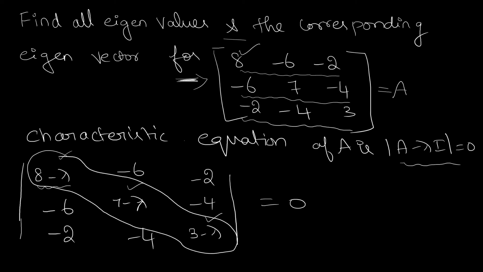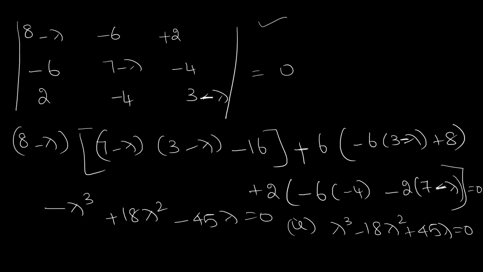How to find the determinant value? Leave the first row and first column, that is 8 minus lambda into 7 minus lambda into 3 minus lambda, this into this minus. Correct? So now we got this: the determinant of A minus lambda I is equal to 0.